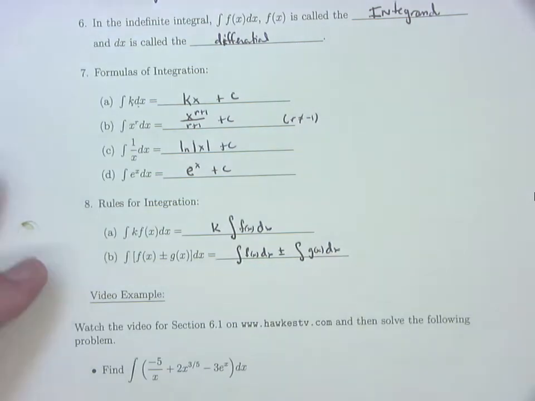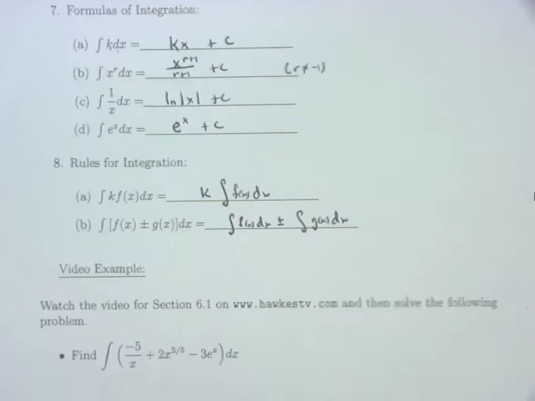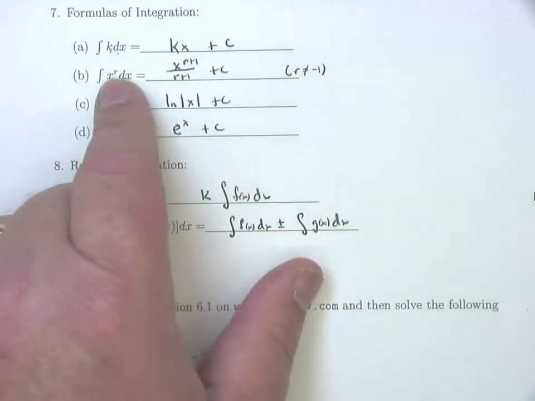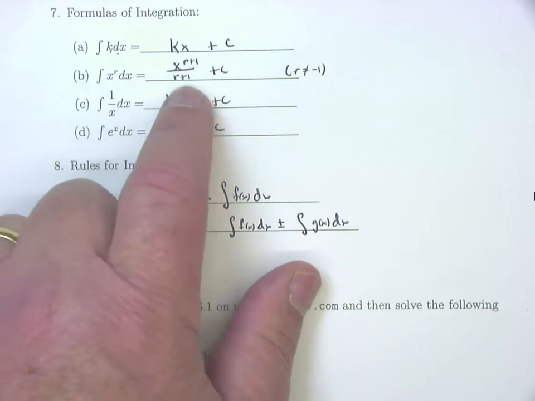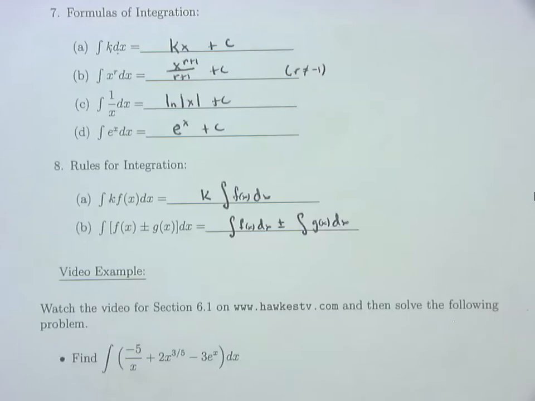So again, these are the rules I wrote down before. Now, with the integral of x to the r, or I call it x to the n, x to the r plus 1 over r plus 1, there's no restriction on r except it can't be negative 1. It could be fractions, negative exponents, big positive whole numbers, doesn't matter.